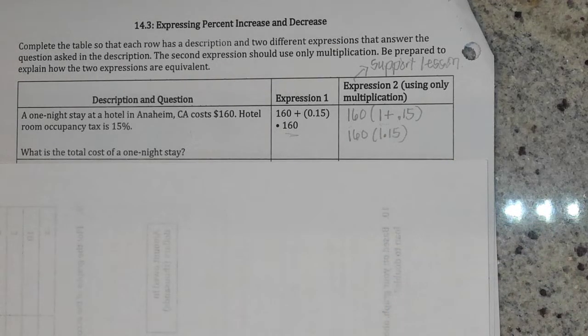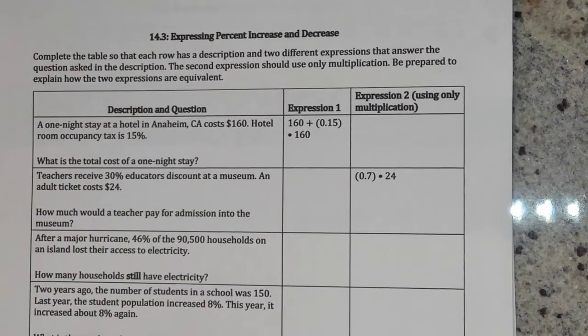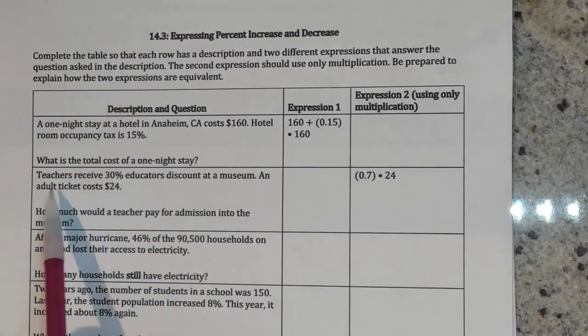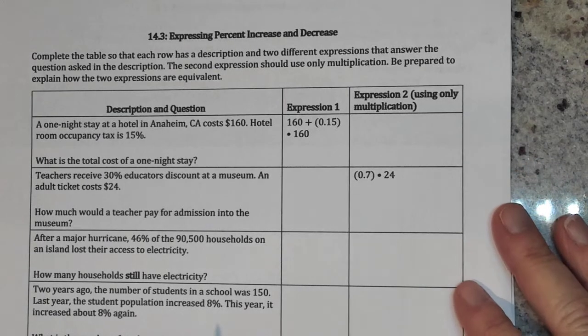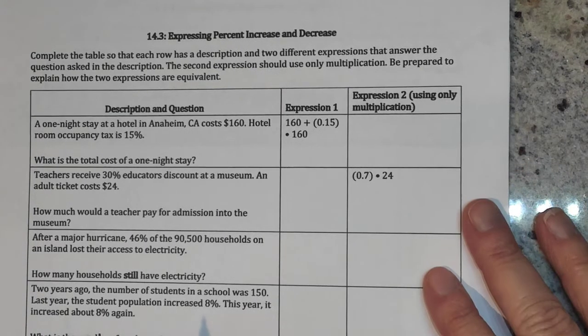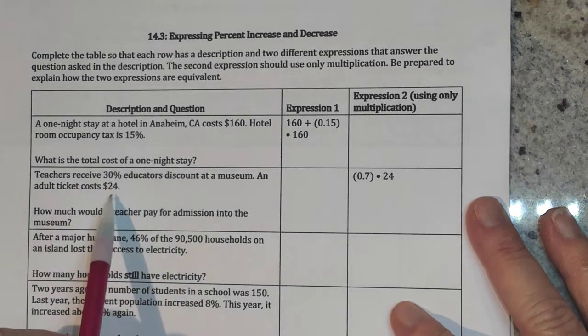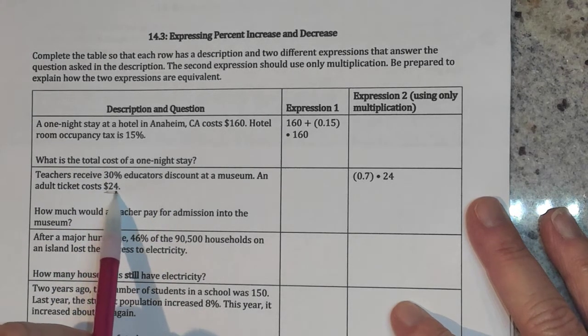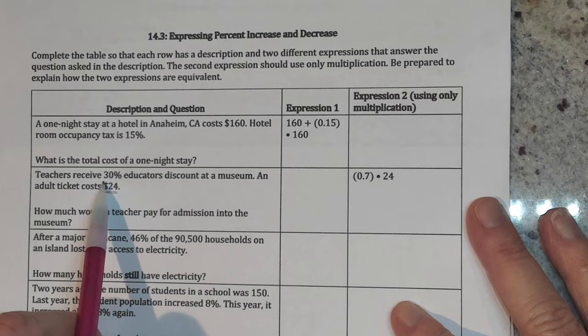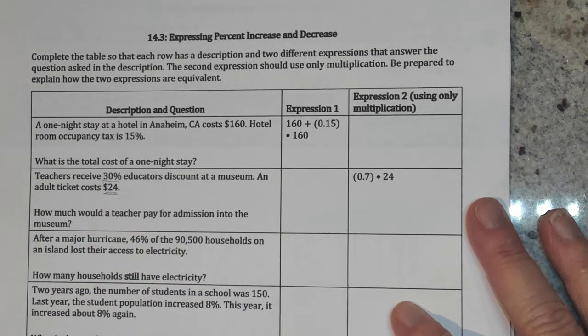Moving on to question number 2. Question number 2 asked that you've got teachers that receive a 30% discount on a museum, and an adult ticket costs $24. So that means this is the original cost right there, and teachers receive 30% off.